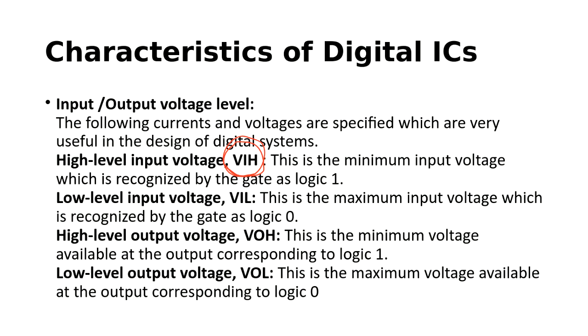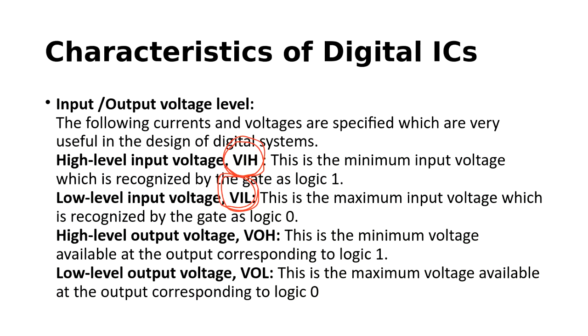And high means 1, binary 1. VIL means input low. What voltage will be considered as low, or in other words binary 0? That voltage is called VIL.